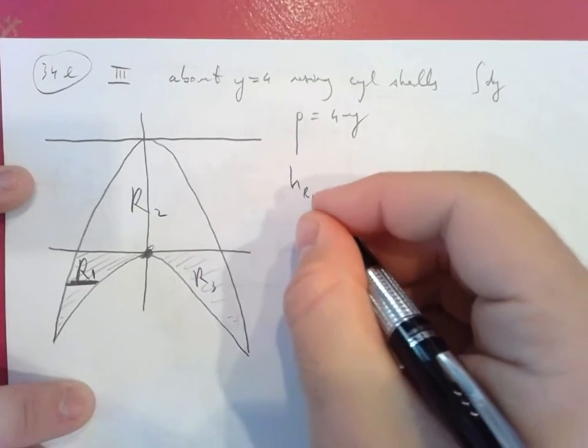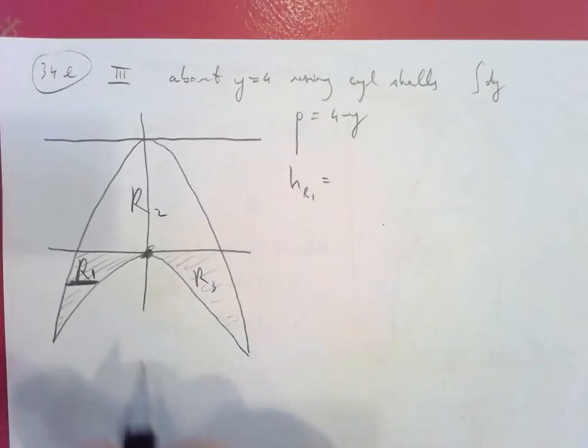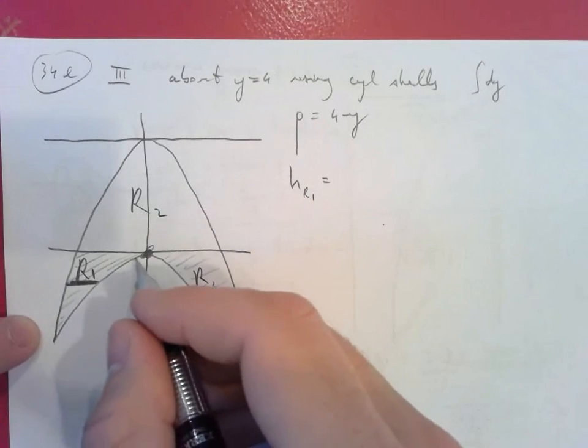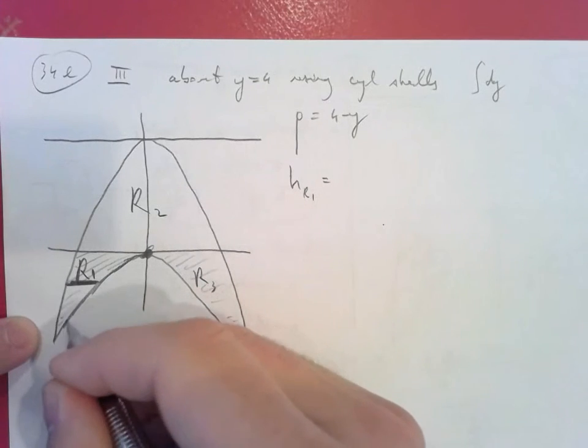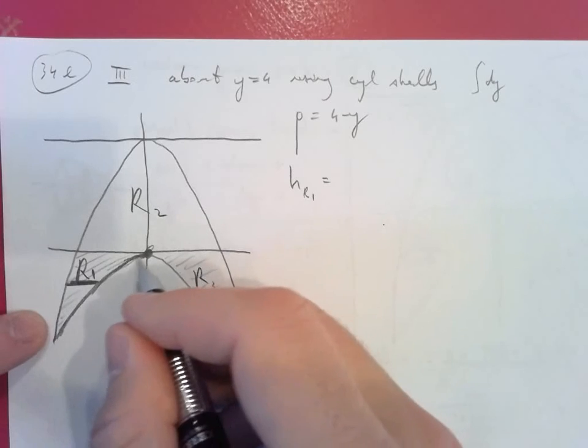So the height over region 1, notice, is going to be the square root function is more positive, right? When I think of it horizontally, it's more to the right.